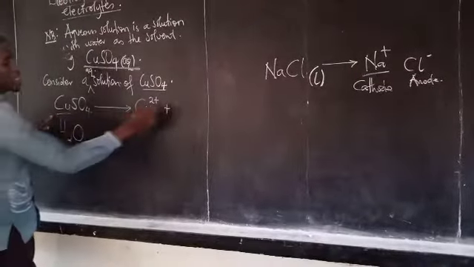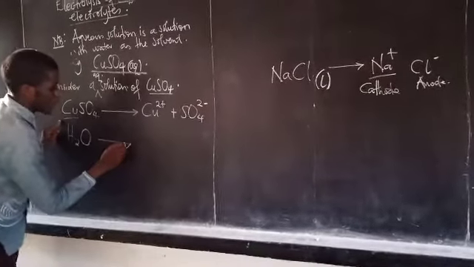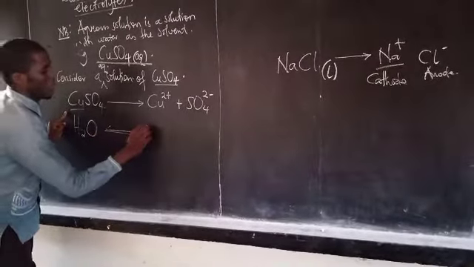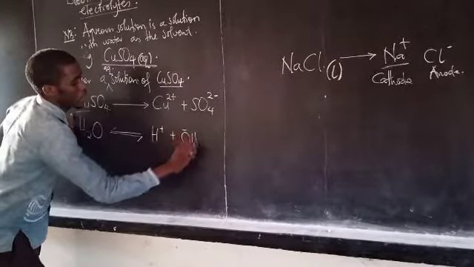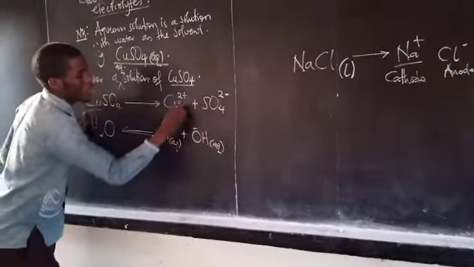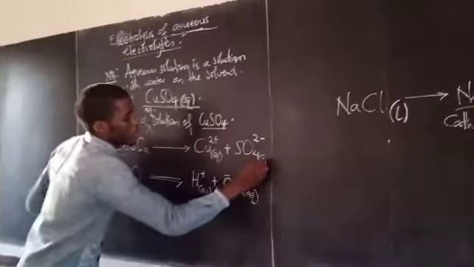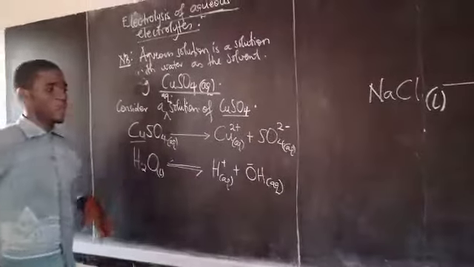Copper 2 ions and sulfate ions. And then water can form hydrogen ions and hydroxide ions. Since we are talking about an aqueous solution, all of them will be aqueous, because this is a liquid.